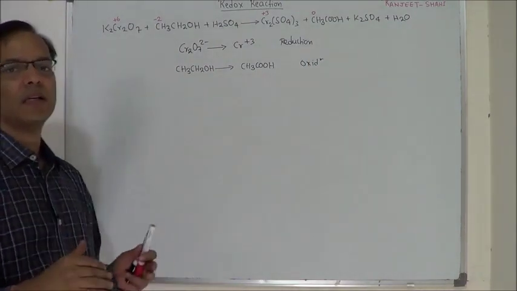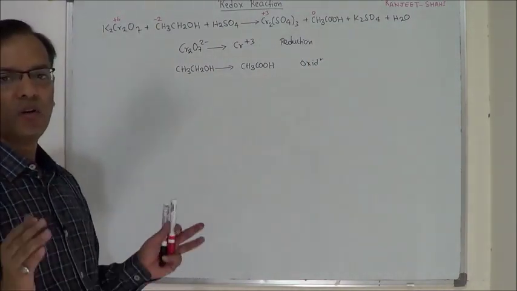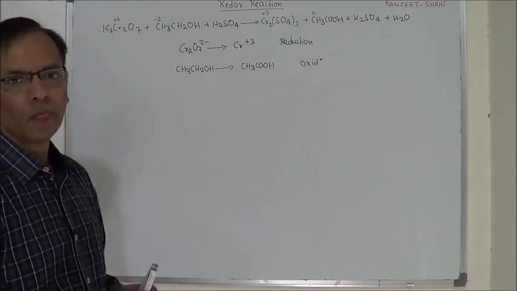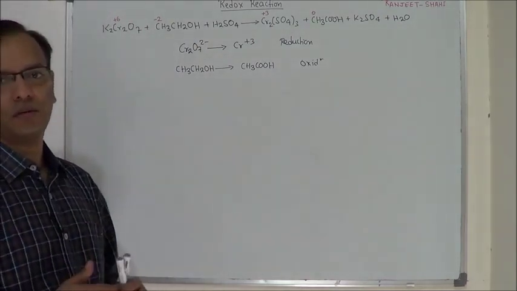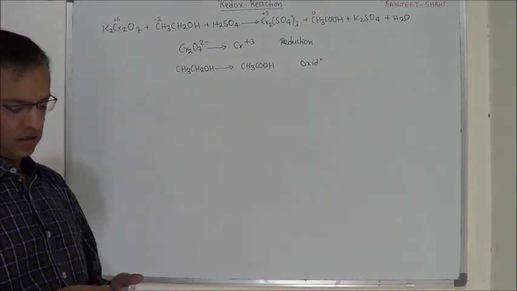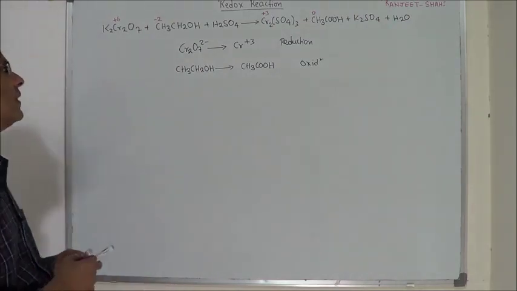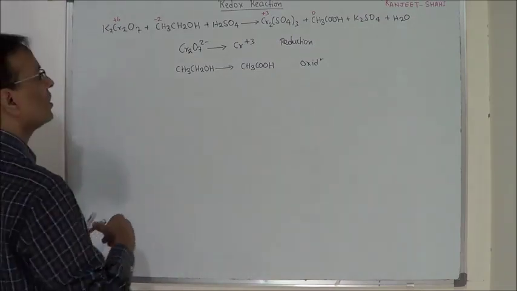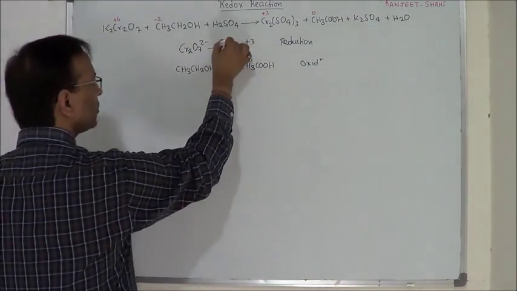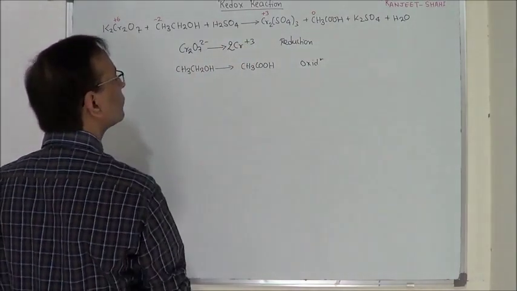After writing the half reactions, what do we do first? We balance the elements other than hydrogen and oxygen. So in the first reaction, the element other than hydrogen and oxygen is chromium. Here we have 2 chromium, so it must be balanced.